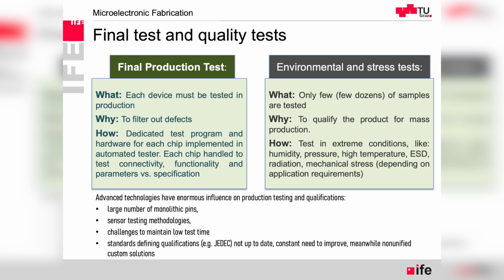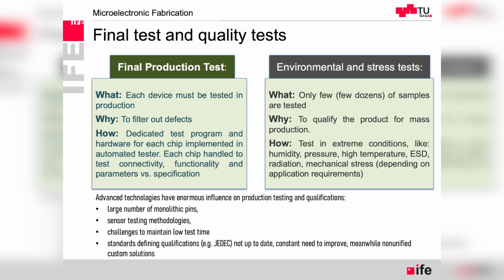Then one more part, which is not done for every chip, is environmental and stress testing. In the first one, the point was to detect if there was some failure, maybe a short of two wires, a missing via, or something like that. We're supposed to detect it in the final production test. In the environmental and stress test, it's also a kind of reliability overview.